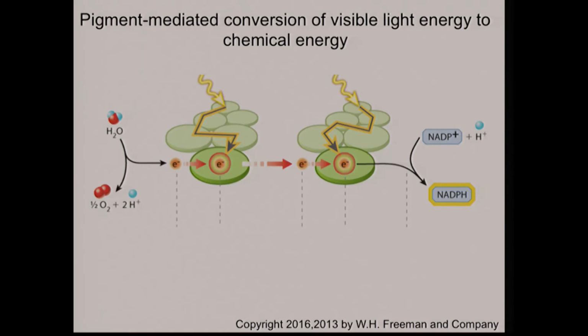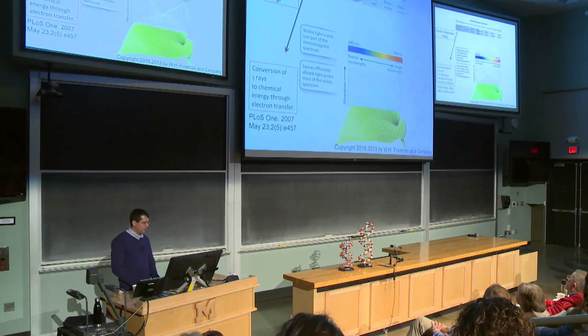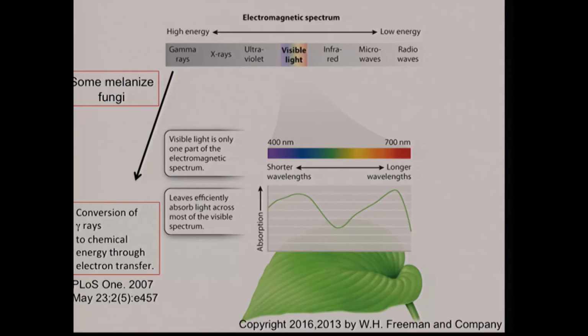Plants have pigments called chlorophyll which gather visible light, and that allows for electron transfer to electron-carrying molecules. If we think about the electromagnetic spectrum, it goes from gamma rays to radio waves. Chlorophyll harnesses visible light, and these fungi appear to be harnessing gamma rays.